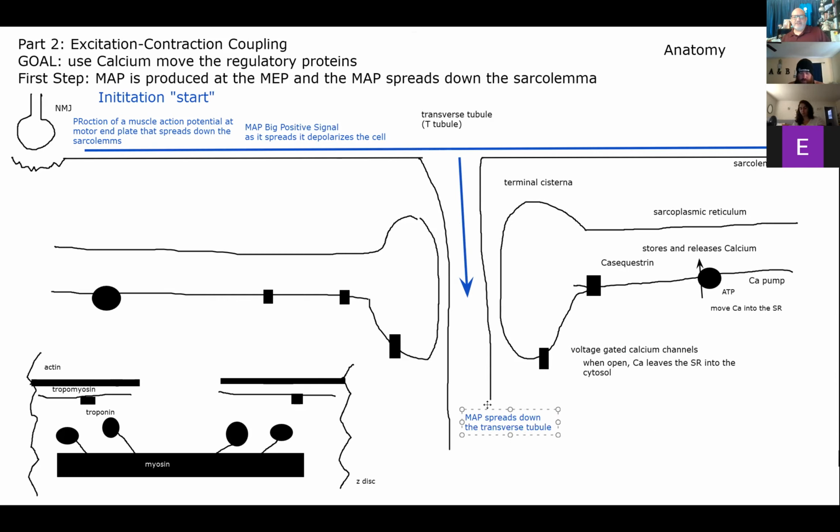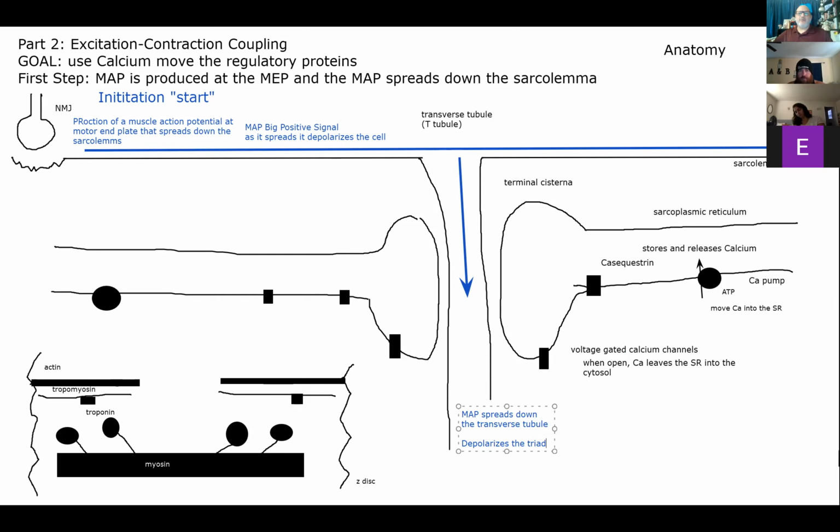And again, this is a big positive wave. So this big positive wave spreads down the transverse tubule. It depolarizes the entire triad of the transverse tubule and the two terminal cisternae.